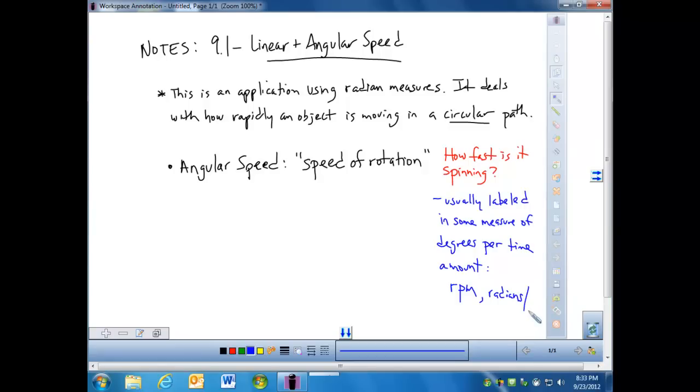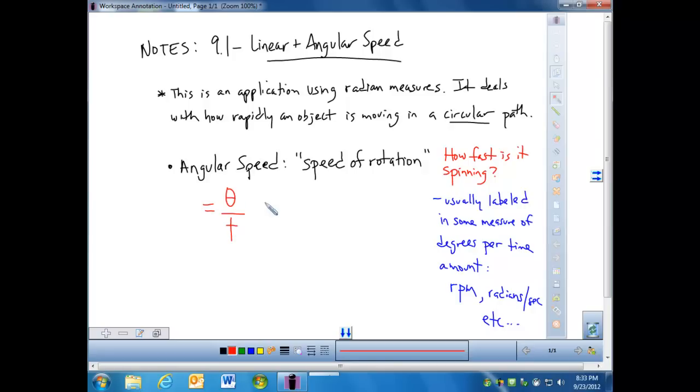And you can find that just simply by taking theta, however many radians or however far the object has revolved, divided by how much time it took.